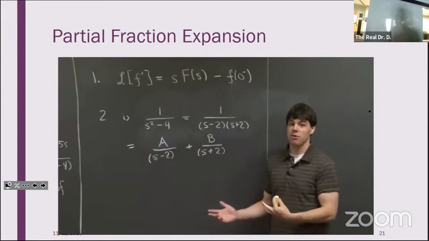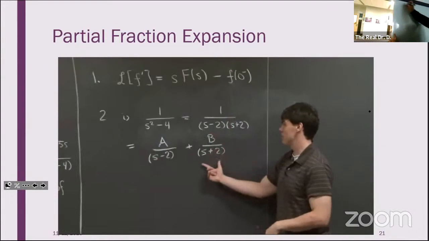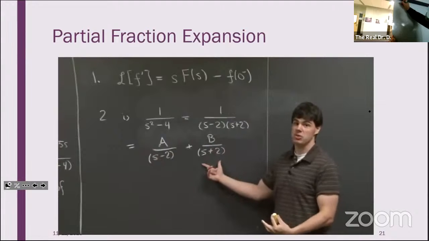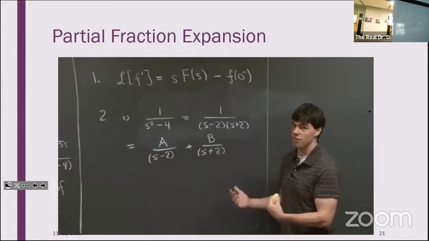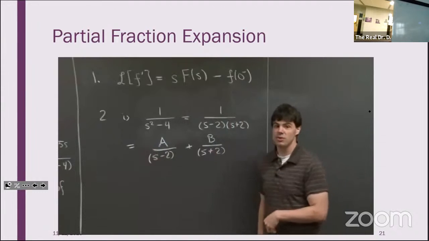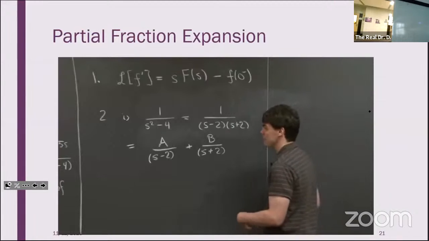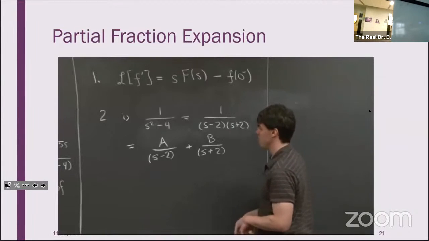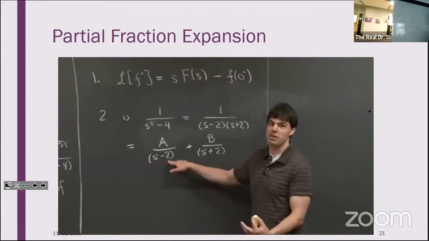One way to solve for the coefficients A and B is just to multiply both sides of this equation through by the factors s minus 2 and s plus 2. We can then plug in values of s and solve for A and B. There's another way, which is sometimes referred to as the cover-up method. In this case, we pick one of the places where the denominator blows up.